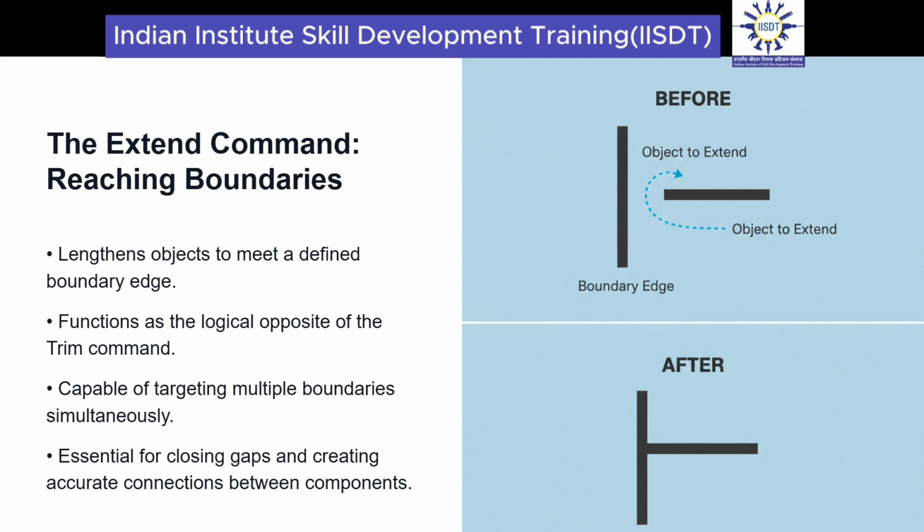Often you can hold a single key, like the Shift key, to toggle between the trim and extend commands without ever having to switch between them. This creates a seamless and incredibly fast workflow for refining complex geometry, allowing you to trim an overextended line and extend a shortened one in a single fluid operation. Mastering extend is just as crucial as mastering trim for creating watertight, perfectly connected designs.